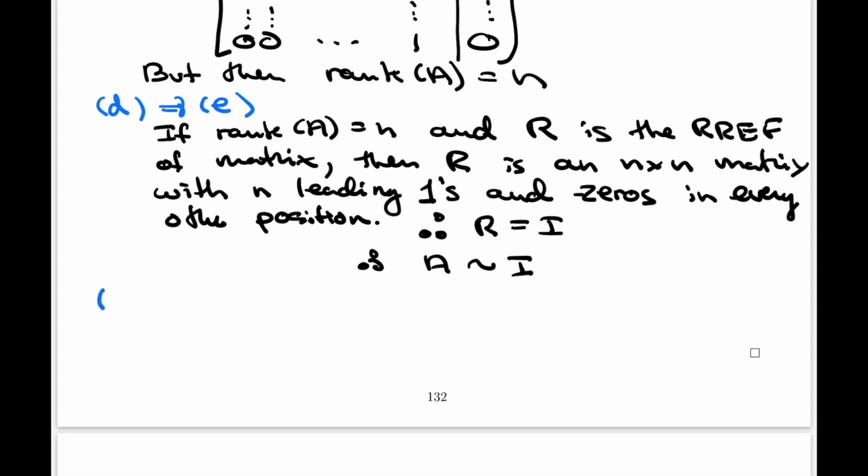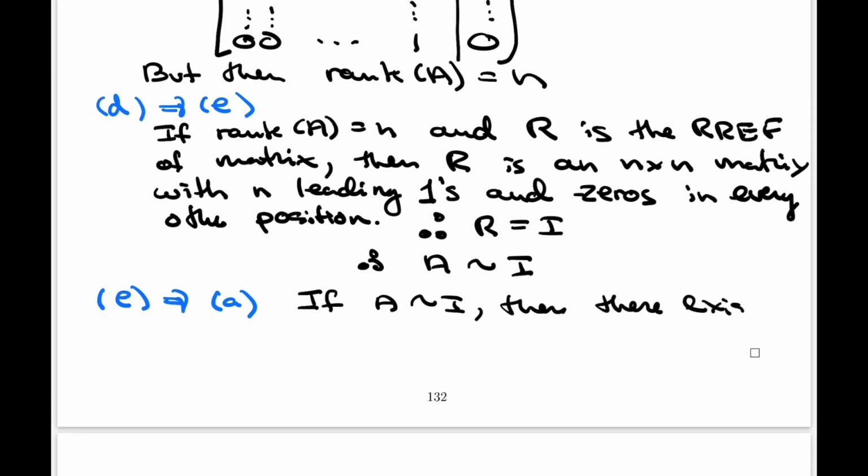And finally, to close the cycle, we have E implies A. Therefore, if A is row equivalent to I, we want to show that A is invertible. But this will simply be the following: if A is row equivalent to I, then there exists a sequence of elementary matrices.